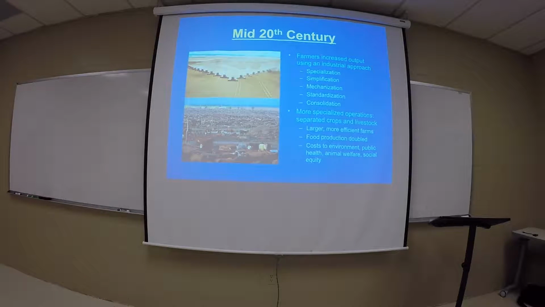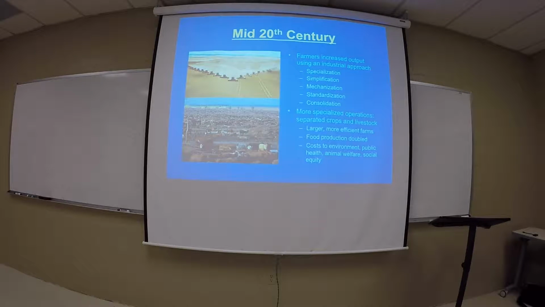Things like specialization, simplification, etc., things that factories would use in their manufacturing process, those strategies were being used in farming. And we would start to see more specialized operations, pretty much on a large scale, completely separating crop production from livestock production. So that was the advent of larger, more efficient farms.